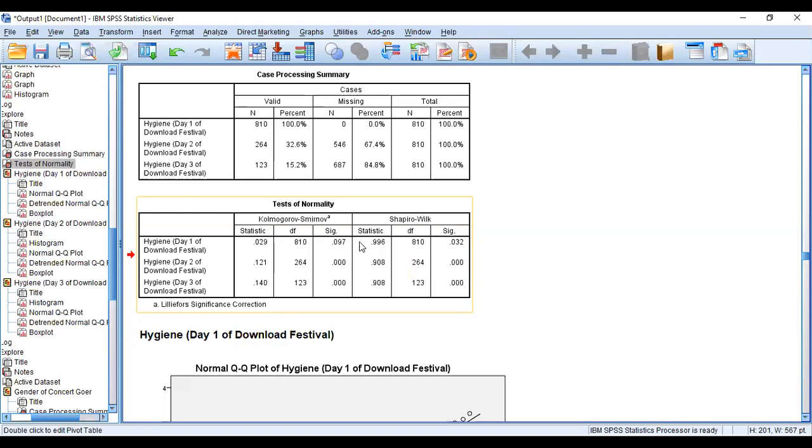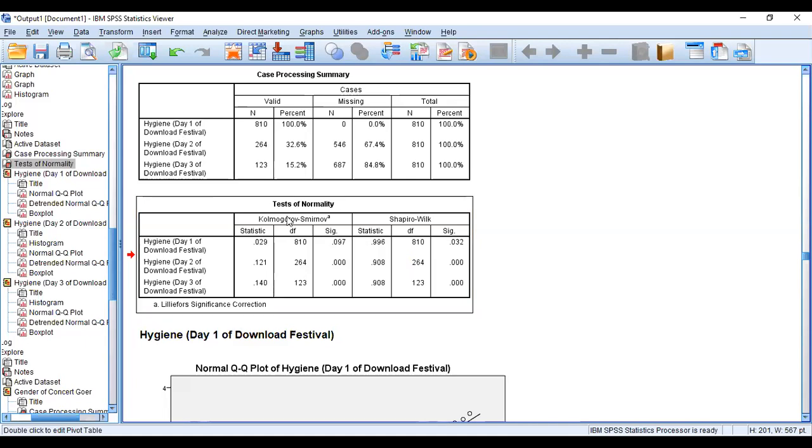You can write it anywhere. But for example, when I am testing the hypothesis, we need p value less than 0.05 to check whether this particular variable significantly contributes to another variable or not.